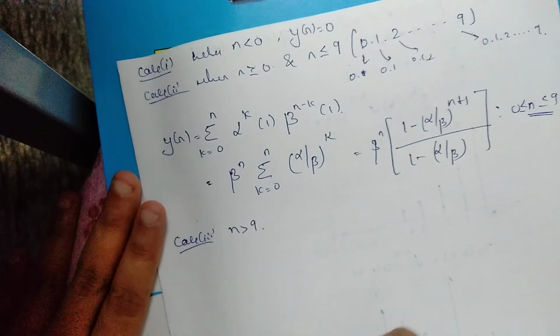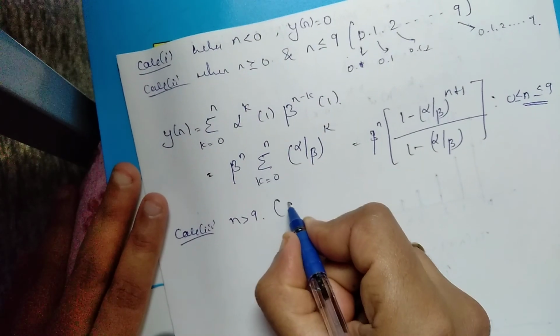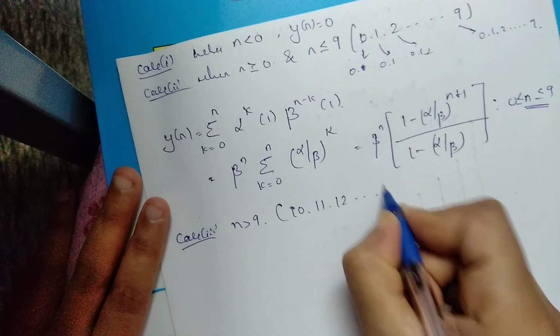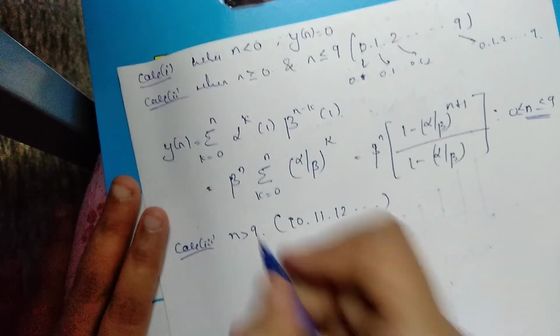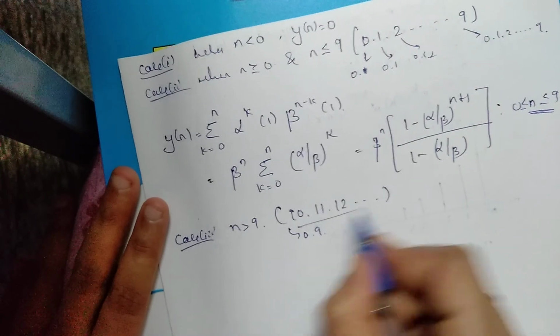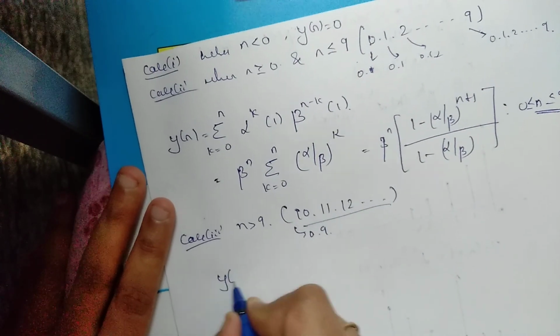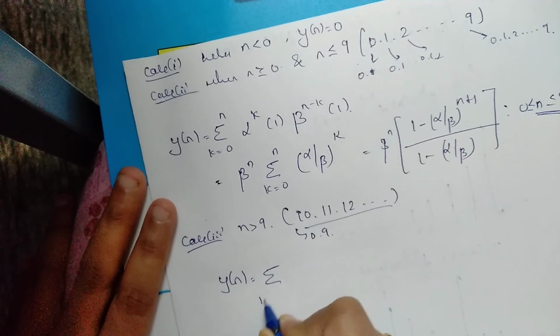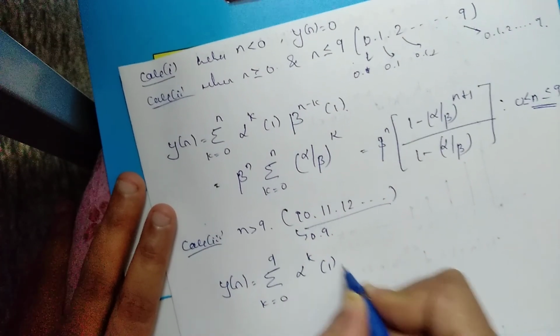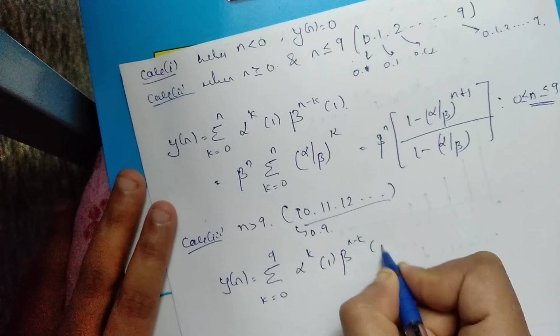Okay. Next, case number 3, when n is greater than 9. If n is greater than 9, it will take values of 10, 11, 12, etc. 9 is not included. The common values will be only from 0 to 9 for all the values. So I am taking the summation k is equal to 0 to 9, alpha to the power of k into 1, beta to the power of n minus k into 1.